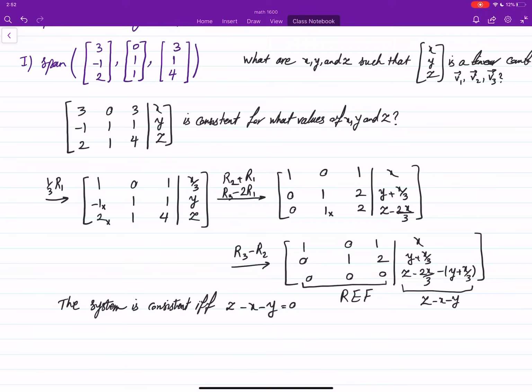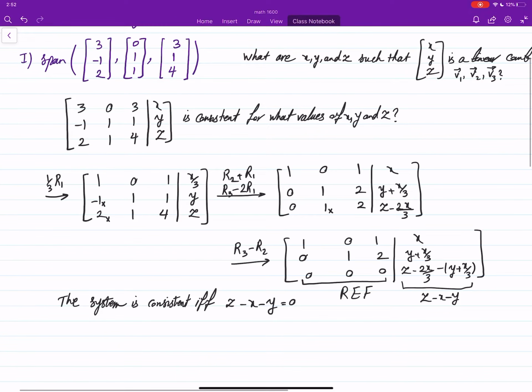Otherwise the system is inconsistent. Well, when you look at this, you see that this is the general form equation of a plane.